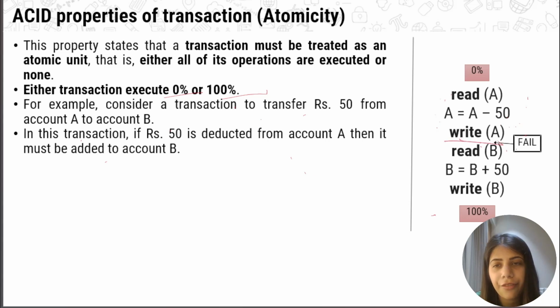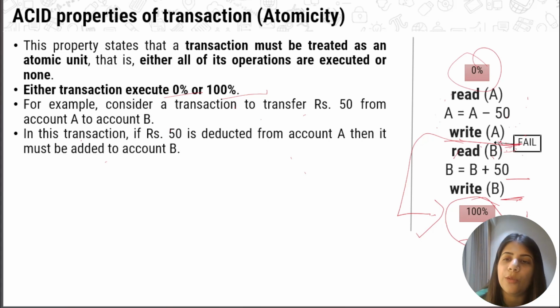Till here, if the transaction fails, it's called as failure only because it has not been added to the account B. The moment it gets added into the account B and the B's account status is also updated, then we call the transaction is 100%, otherwise 0%. At this state also, if it fails, we will roll back the money back into the account A. This is called as atomicity.